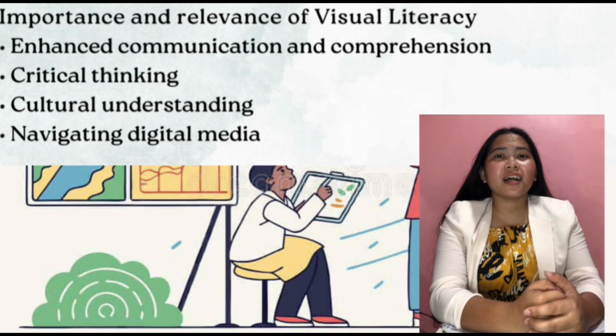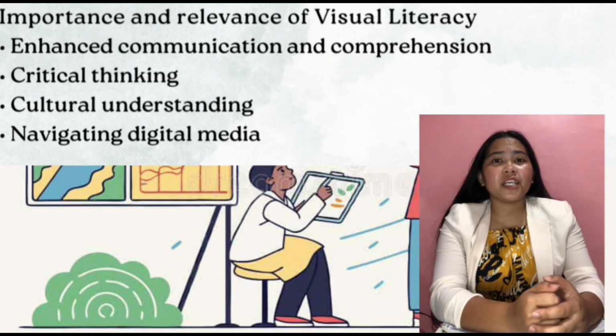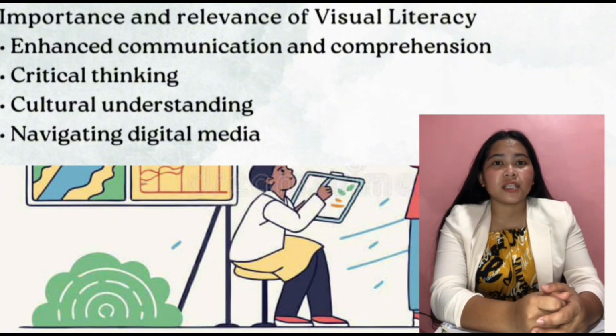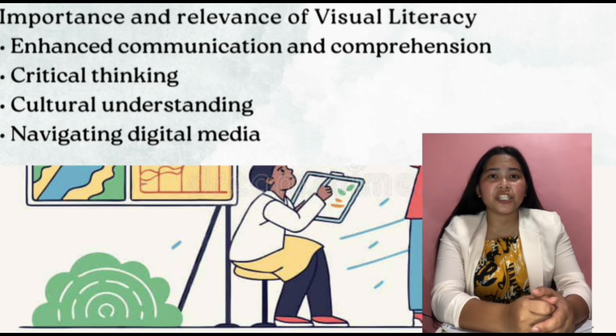Next, critical thinking. Analyzing images fosters critical thinking skills, enabling individuals to question, evaluate, and approach problems from different perspectives. According to the National Council of Teachers of English, visual literacy equips learners to decode information with a discerning eye and identify manipulated images or misleading infographics.